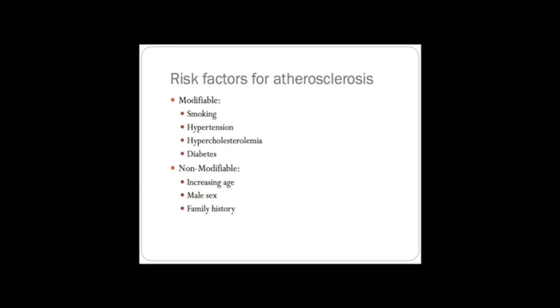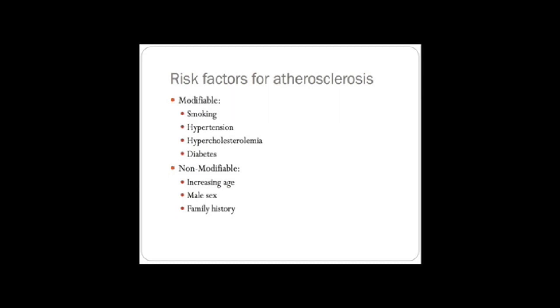That's right. And here we have a list of the risk factors for atherosclerosis. And the reason why it's useful to divide it into modifiable and non-modifiable is, of course, when you've got the patient in front of you, you can advise about reducing the risk of the modifiable ones. So in everyone, you'd want to try and stop them from smoking if they smoke, and normalize their blood pressure if they've got hypertension, treat them with statins if they have hypercholesterolemia, and good glycemic control if they are diabetic.